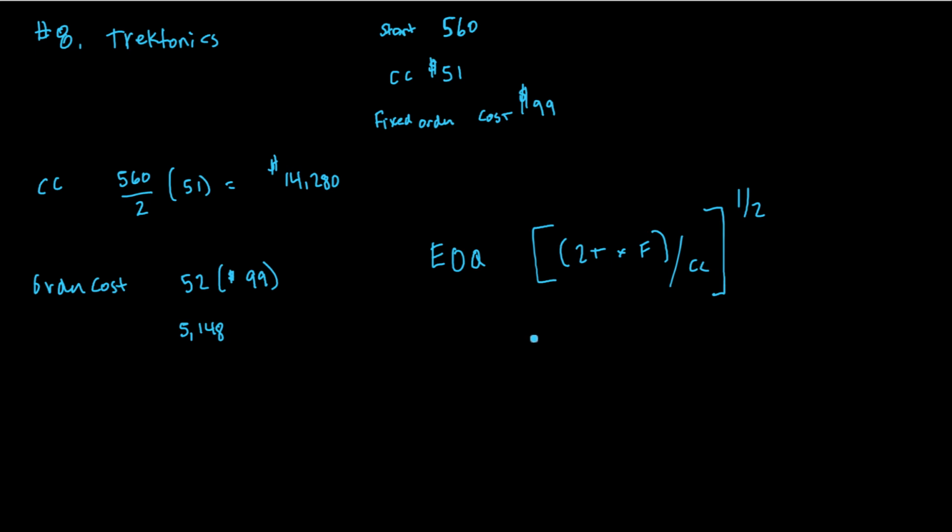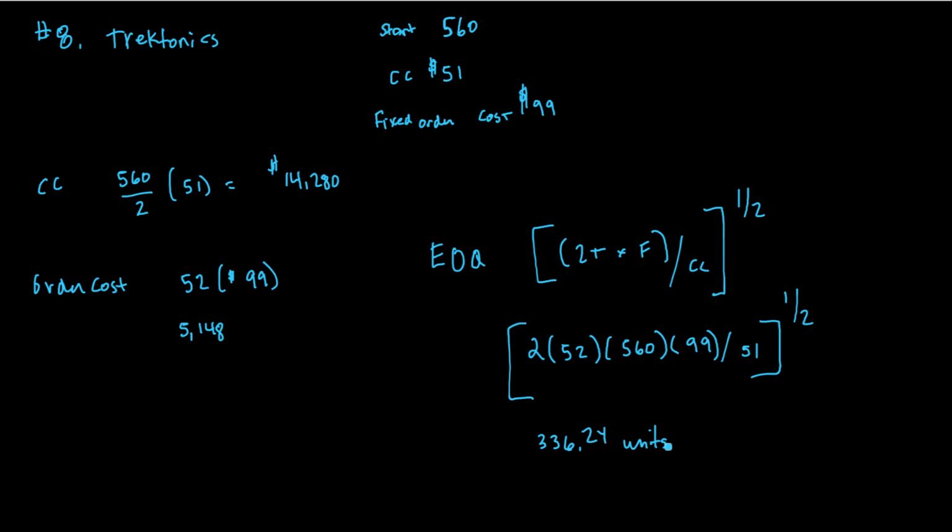So again, we're going to say 2 times 52 times 560 times $99 divided by $51, all taken to the 1/2 power. We end up with 336.24 units.